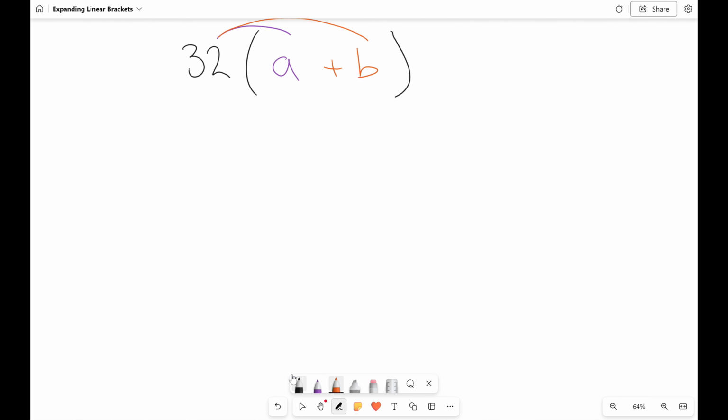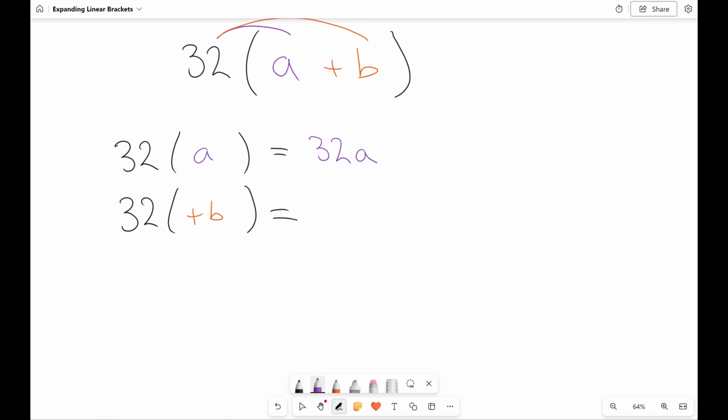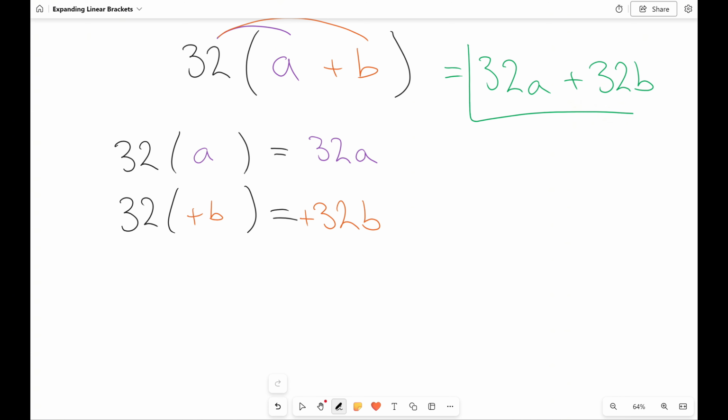So yeah, this means that 32 is being times twice. 32 is being times by A, and 32 is being times by positive B. 32 times A is 32A. 32 times positive B is 32B. But it's positive, and we'll write that there because we need to write an equation. So this is equal to 32A plus 32B. Yeah, and this is the answer.